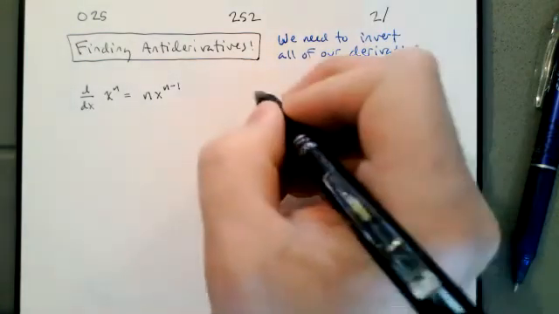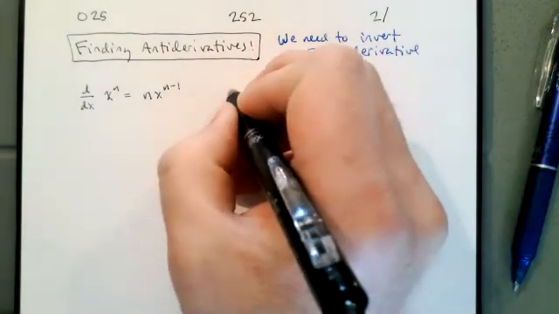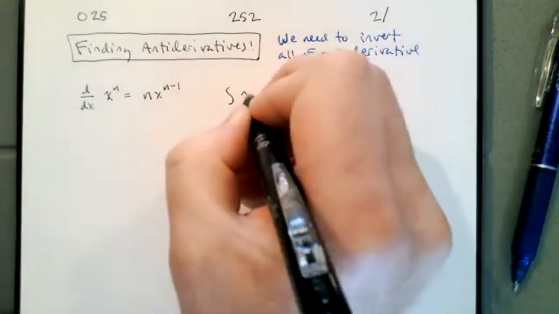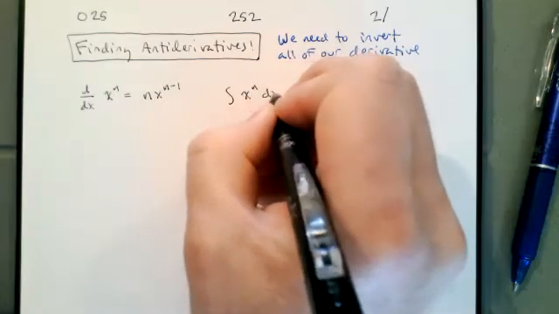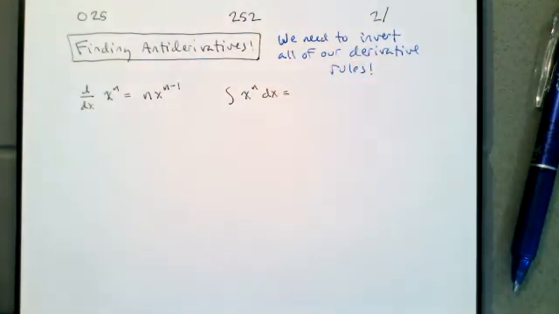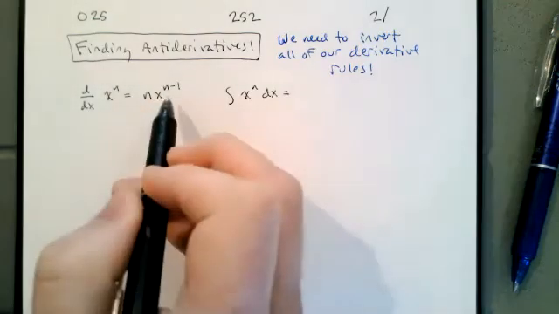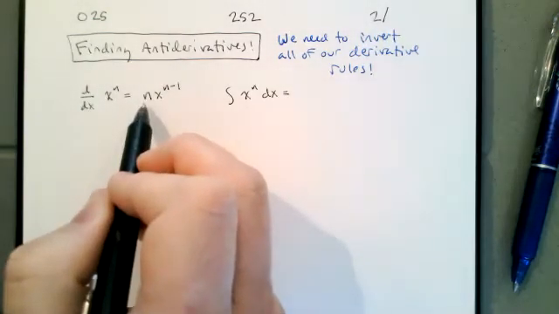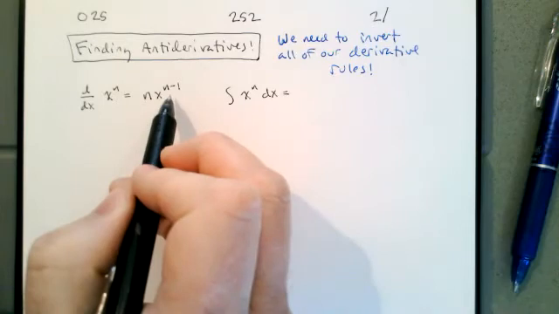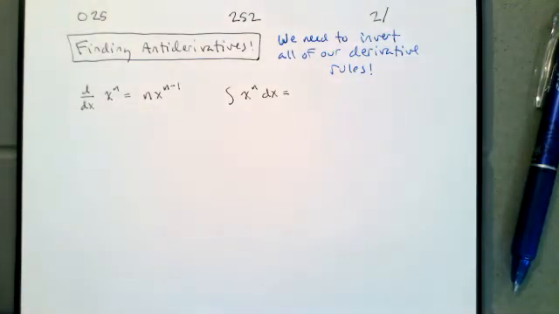And so this leads us to the integral rule. If we write the indefinite integral of x to the n dx, then we just invert this process. The derivative process is multiply by the exponent, then subtract 1 from the exponent. If we invert that process, we do the inverse operation in the reverse order.